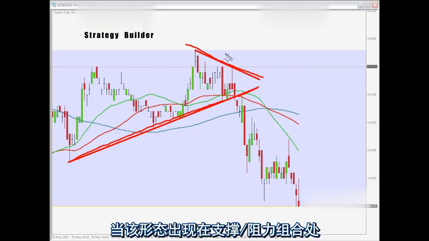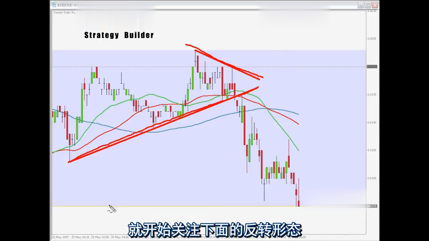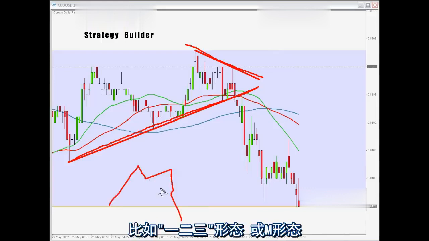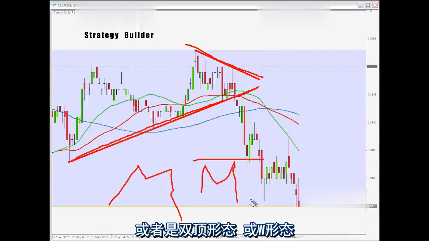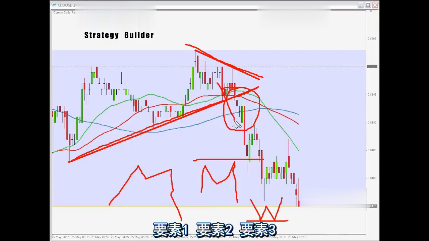When they occur at a confluence of levels of support or resistance, in the area of dynamic support and resistance, search for reversal formations like 1, 2, 3 formations, or M formations if it's a double top, or a W formation if it's a double bottom, etc. And trade the breakout as you would trade any other breakout.